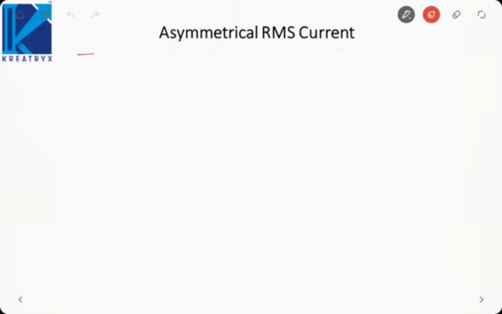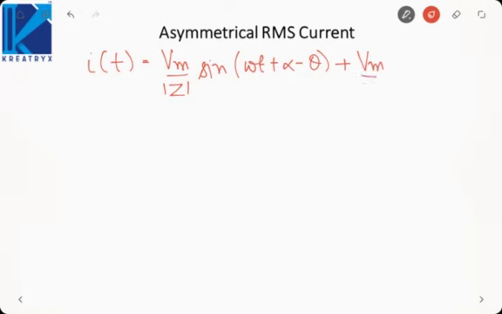What about asymmetrical? Then we know total current IT is Vm by mod Z sin omega t plus alpha minus theta plus Vm by mod Z sin theta minus alpha e raised power minus t by tau. Now to find the RMS value of the composite current, we will add the squares of the RMS value of each current.